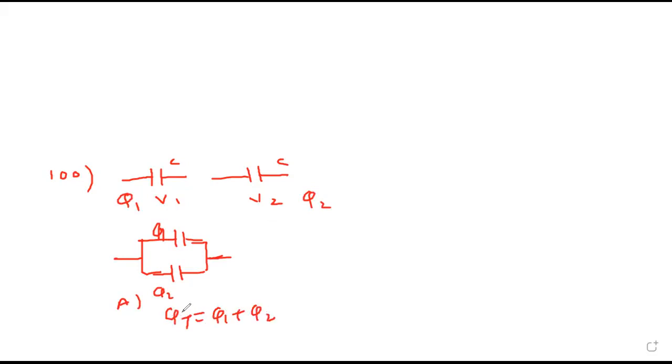They are telling incorrect; this is correct straight, but we want the incorrect one. Net energy stored in the capacitor is less than the sum of the initial individual. So U1 is half C1 V1 square. U2 is half C2 V2 square.